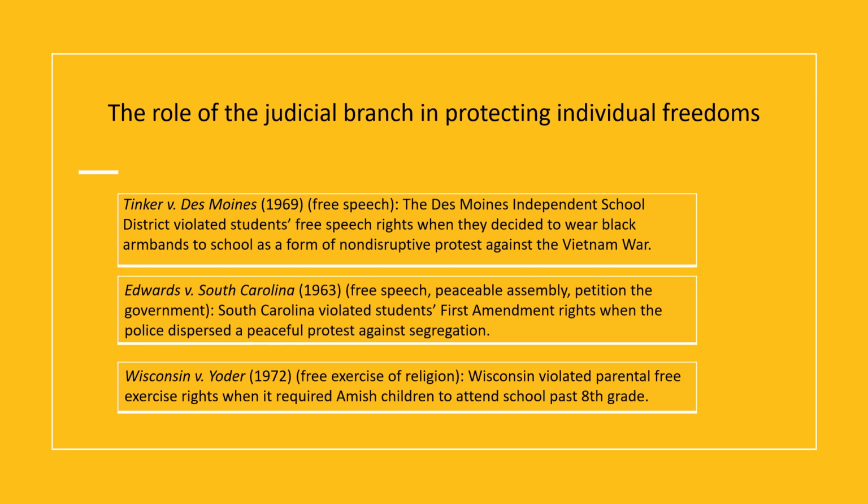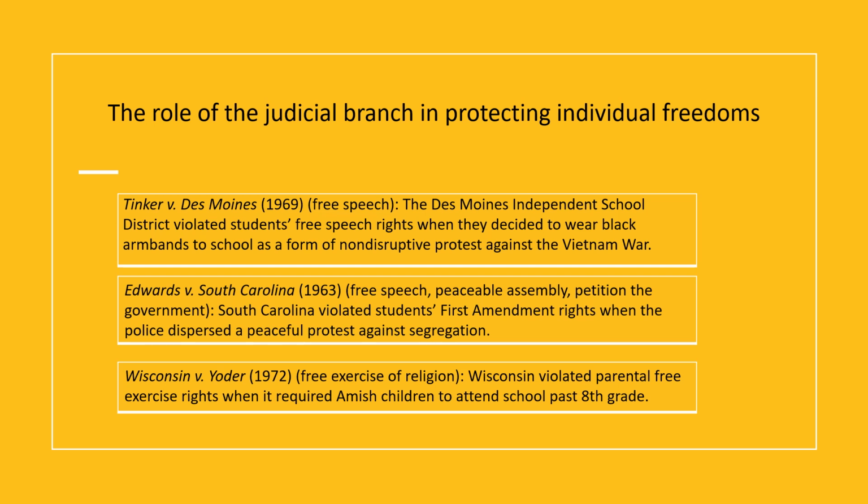So what the Supreme Court decided to do in this instance, you might be asking yourself, how could wearing a black armband be considered speech? Because the U.S. Supreme Court decided that wearing black armbands was a form of symbolic speech.